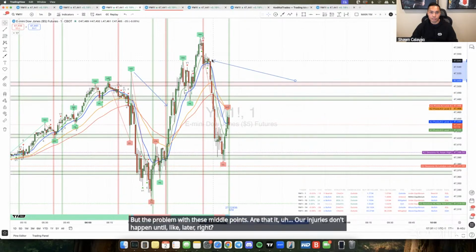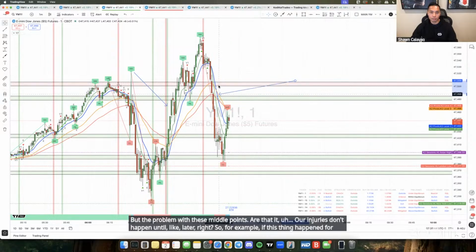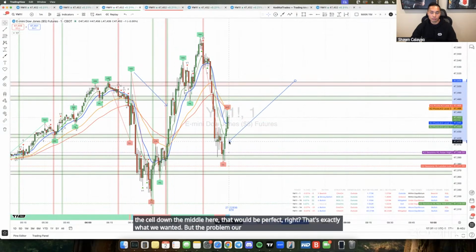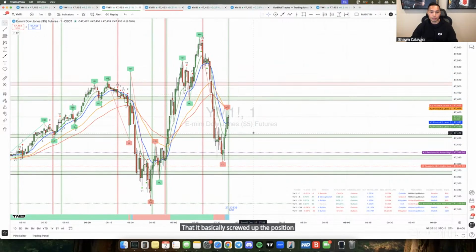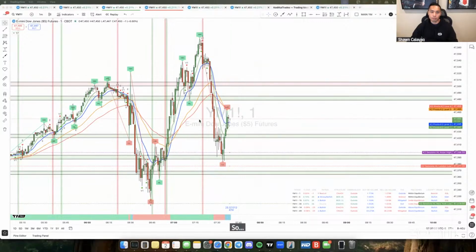So for example, if this thing happened for the sell down the middle here, that'd be perfect. That's exactly what we wanted. But our entry happened so late down here that it basically screwed up the position, because the momentum already died out by the time it got to this lower point. So yeah, I'm curious to see how this month plays out.